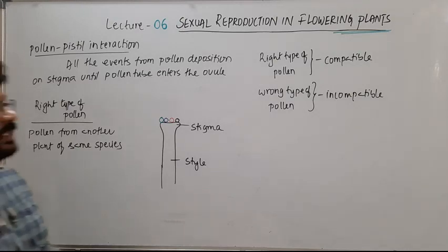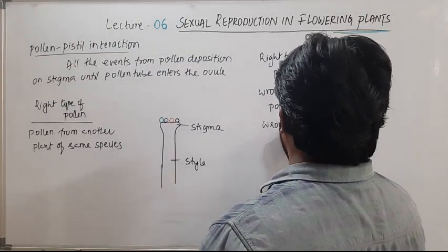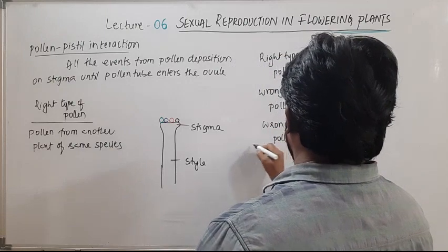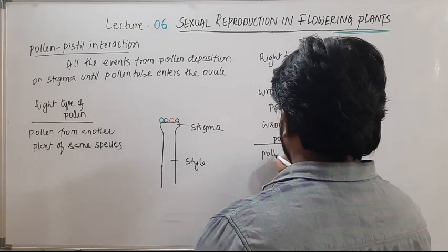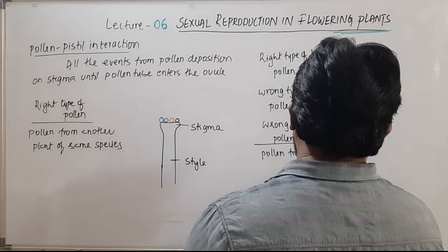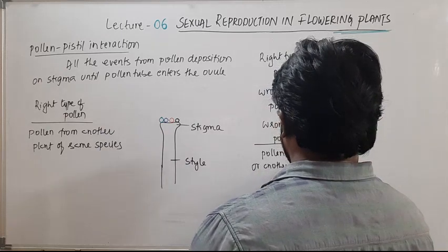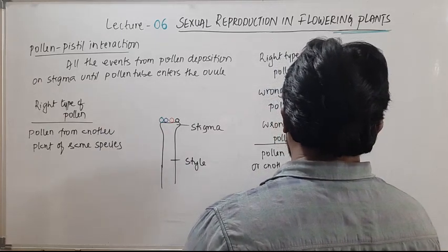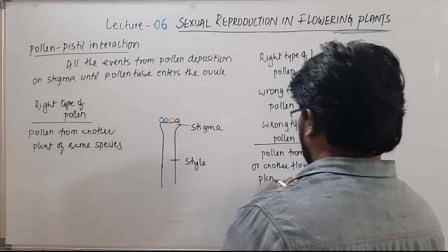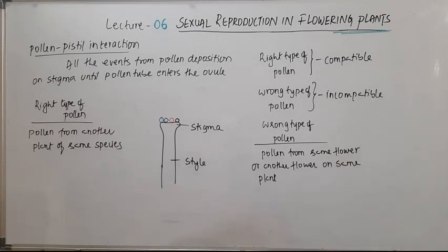Then what is the wrong type of pollen? In case of the wrong type of pollen, this is the pollen from the same flower or another flower on the same plant. Then I will consider that as a wrong type of pollen.